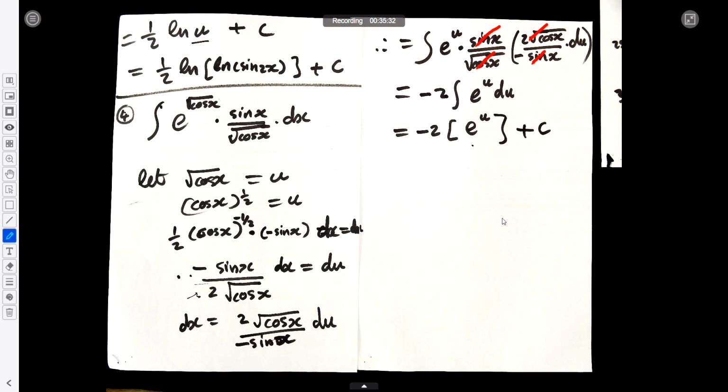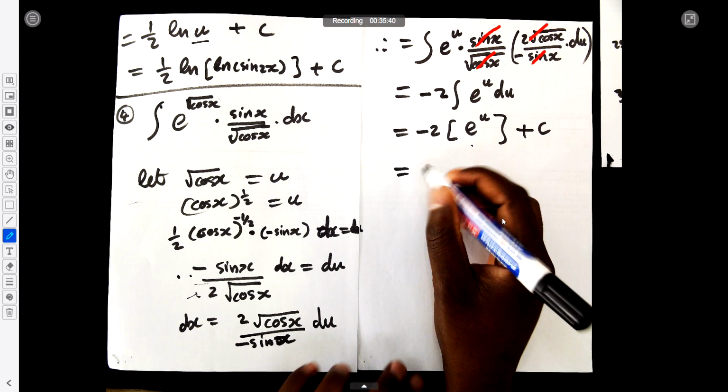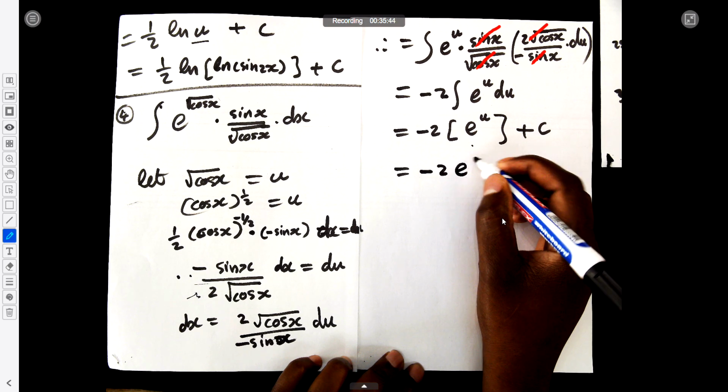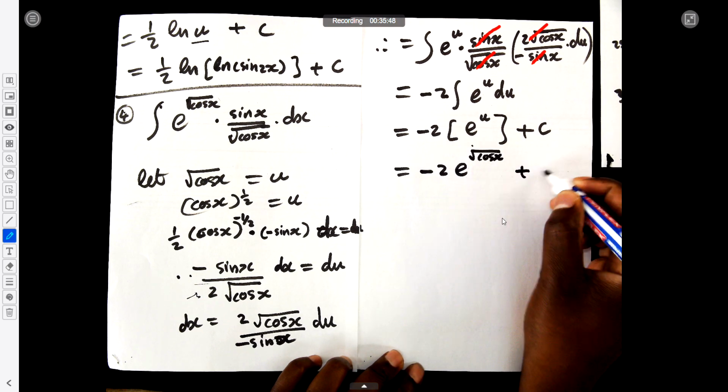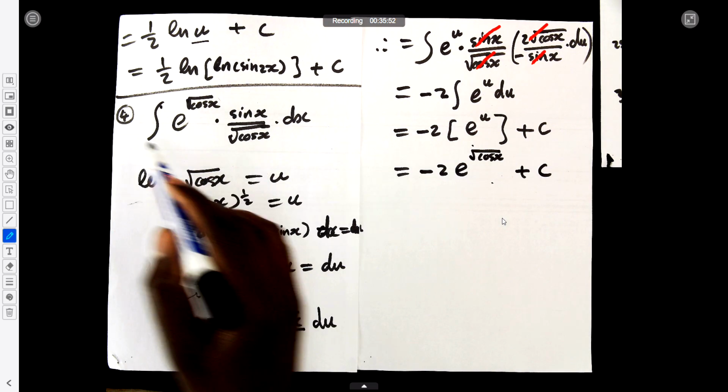So e to the power of x is still e to the power of x when you integrate. So here we work in terms of u. Therefore, the answer is going to be equal to negative 2 e to the power of root cos x, plus c.